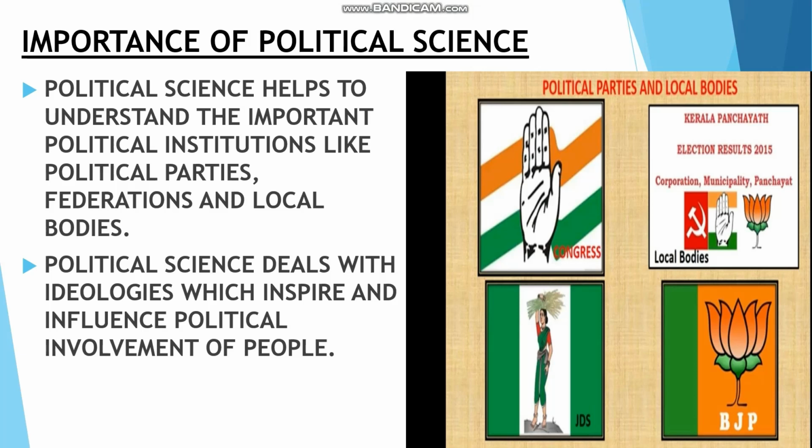But in China, it is a single party system where the president is being elected. And the local bodies such as corporation, municipality, panchayat, and village assembly all come under that. So with the knowledge of political science, we can understand the political institutions, what sort of political parties, federations, and local bodies.